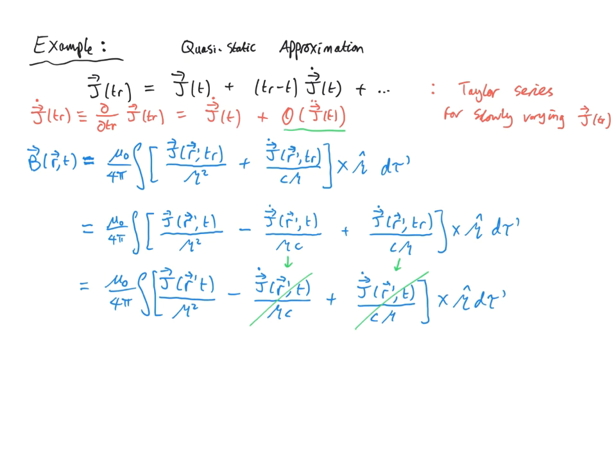If we had a more quickly varying current, we'd have to include higher order terms in our Taylor series expansion of the current, and then there would be higher terms featuring in this expression here.